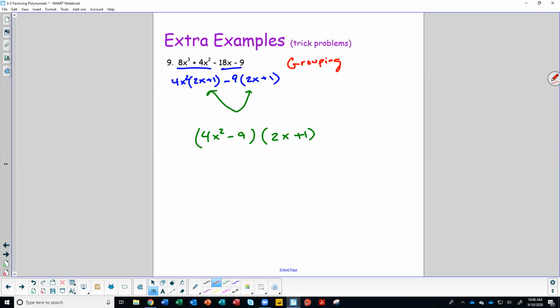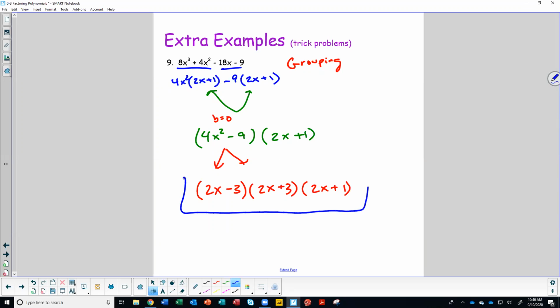There's no b, so I can actually separate this using the square root technique and have 2x minus 3 and 2x plus 3. If you don't believe me, do an x method on that. Just remember your b is 0. And you will get the same solution. Over here, that's an x power of 1, so it does not reduce. It's already what's called a linear factor. That right there is your solution.